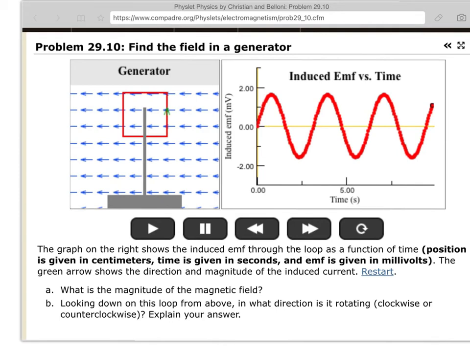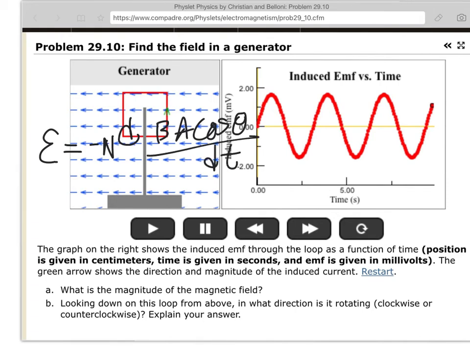And so how do we understand this? Well, we use Faraday's law, as usual. And the N is 1, and then we're going to go d(BA cosine theta)/dt. And notice the B is constant.